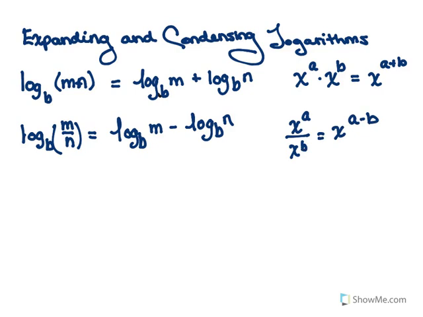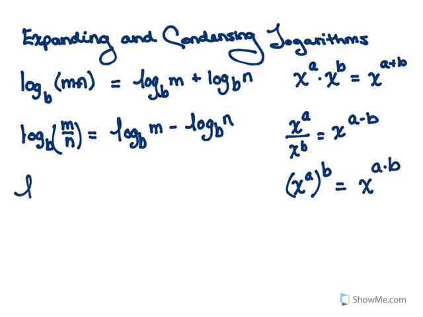And then finally, the power property. This one's a little bit harder to tie in, but remember when we do a power of a power, this is x to the a times b.